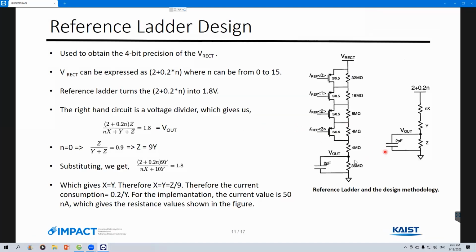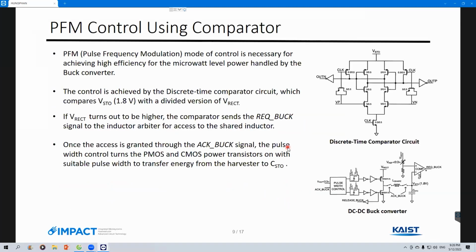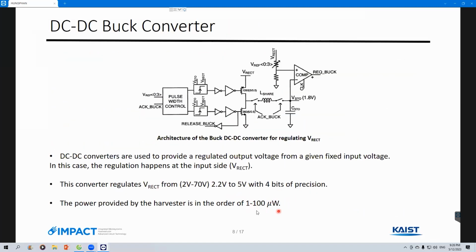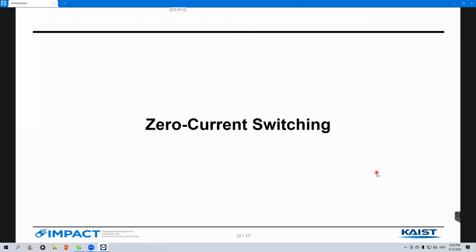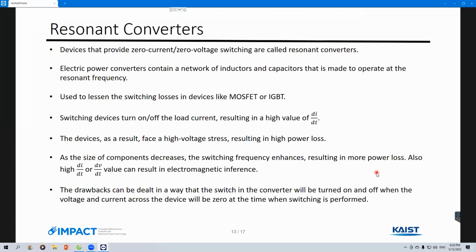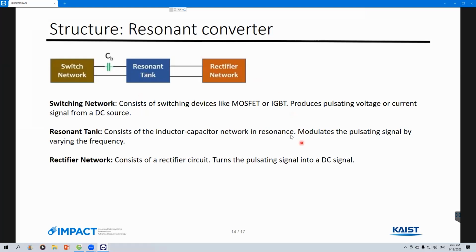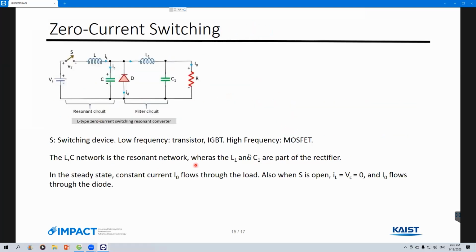Because we are at the microwatt level, normally the power consumption for the latter should be at the nanowatt level. Actually, we don't use a resonant converter in energy harvesting.